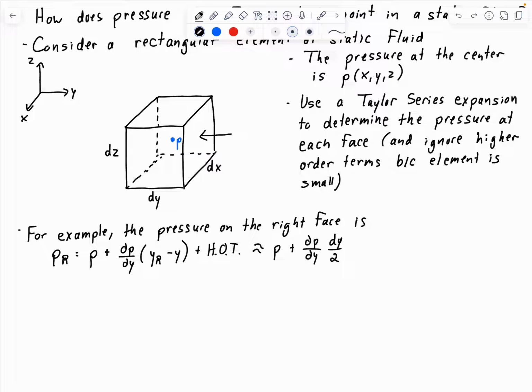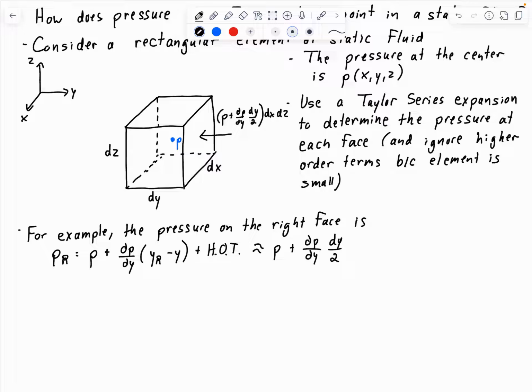So that's the pressure at the right face, but what is the force? The force we can write down as P plus del P by del y times dy over 2. That's our pressure, and a pressure multiplied by the area gives us the force, so we multiply that by the area of this face, which is of course dx times dz.